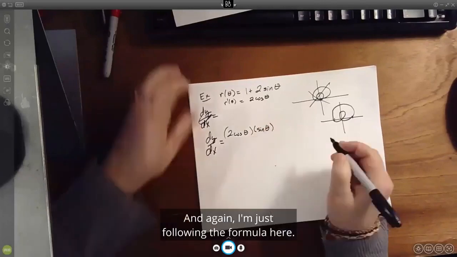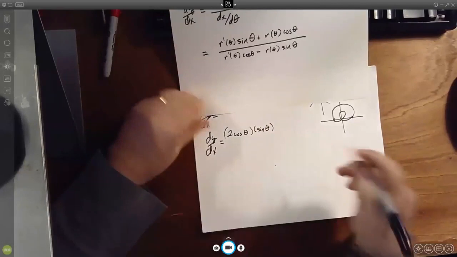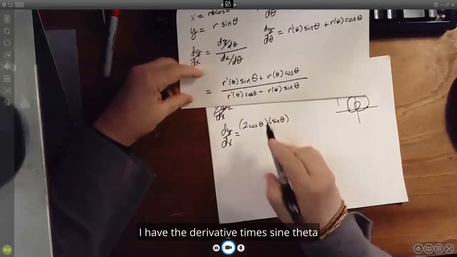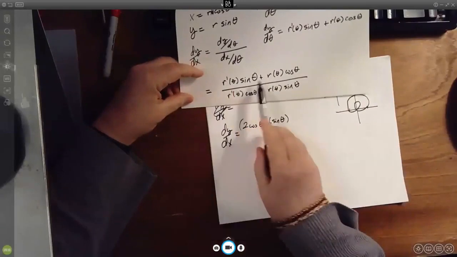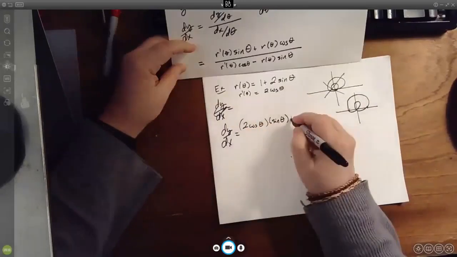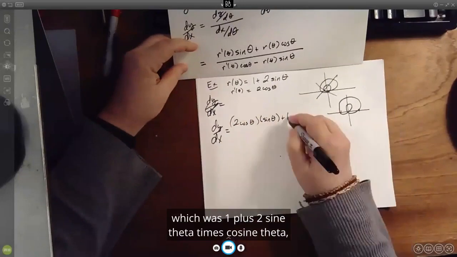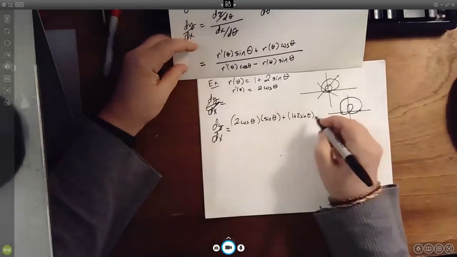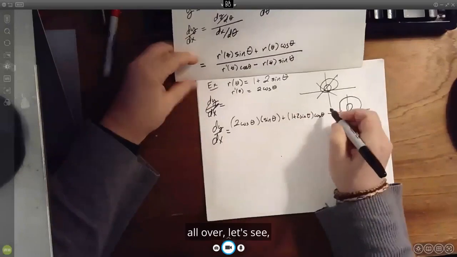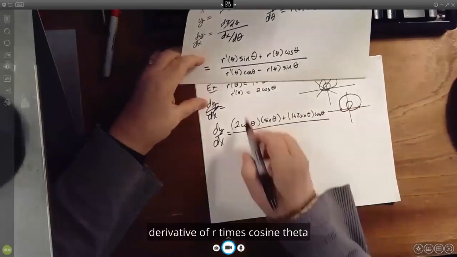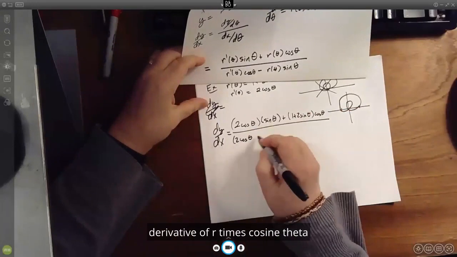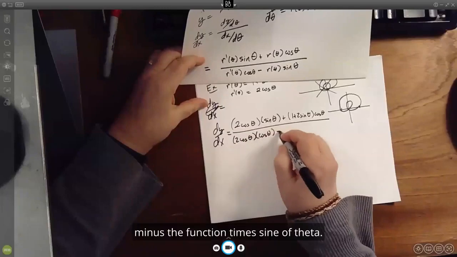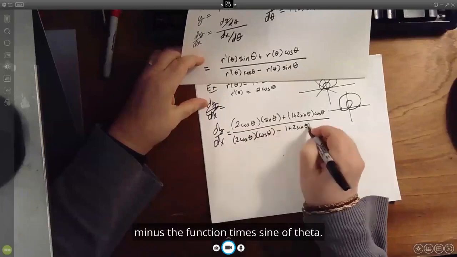And again, I'm just following the formula here. I have the derivative times sine theta plus the function, which was 1 plus 2 sine theta, times cosine theta, all over the derivative of r times cosine theta minus the function times sine of theta.